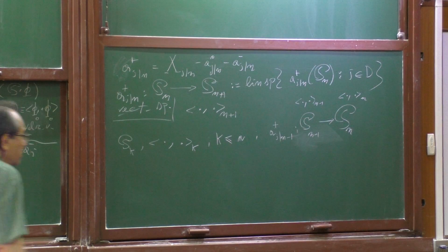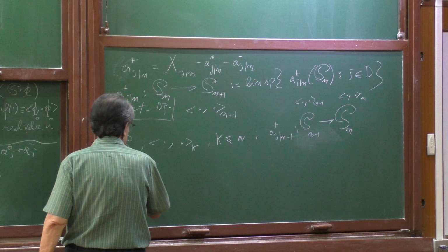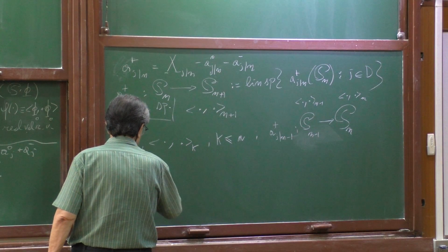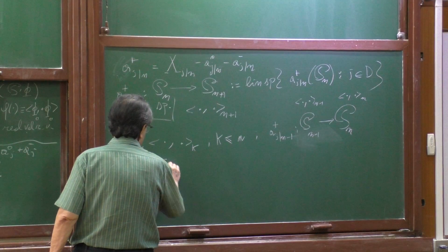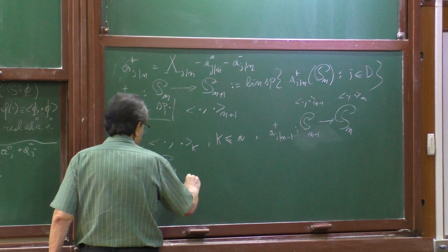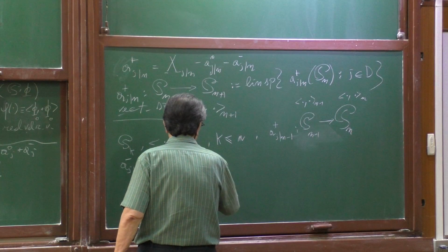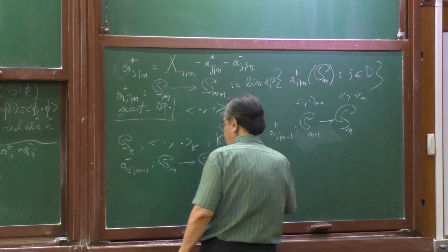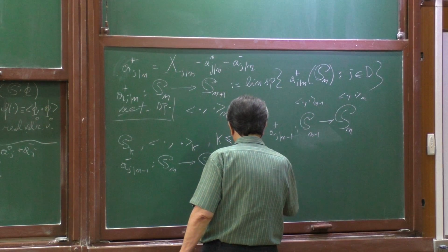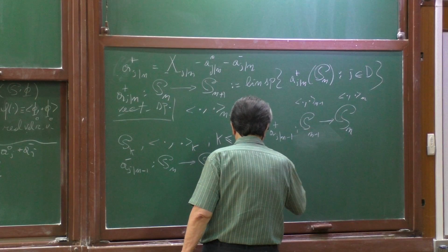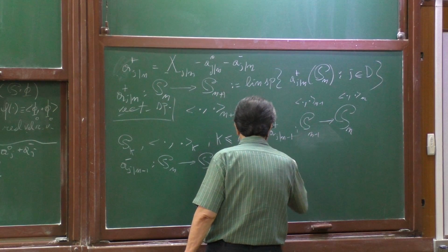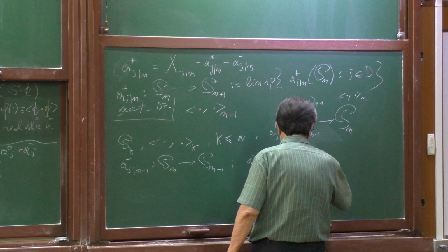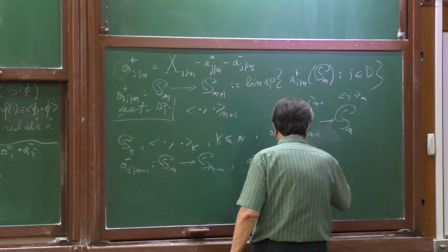So I have the adjoint of this, which is A minus. And remember that A minus J restricted to n minus 1 is the adjoint of AJ restricted to n.